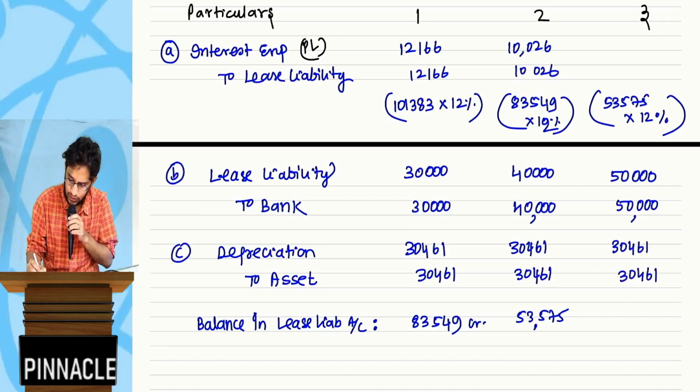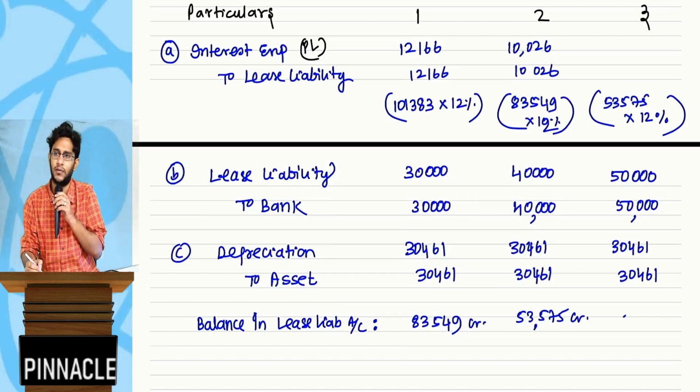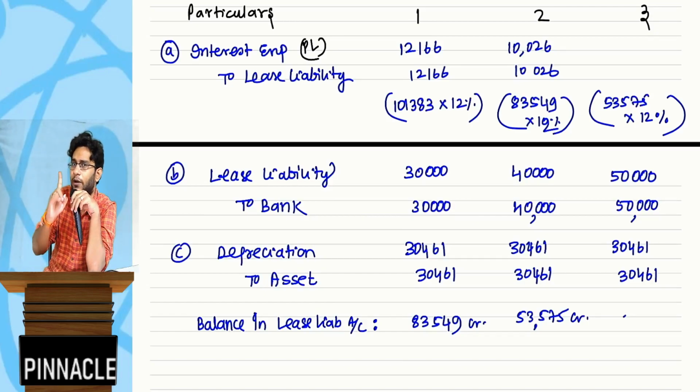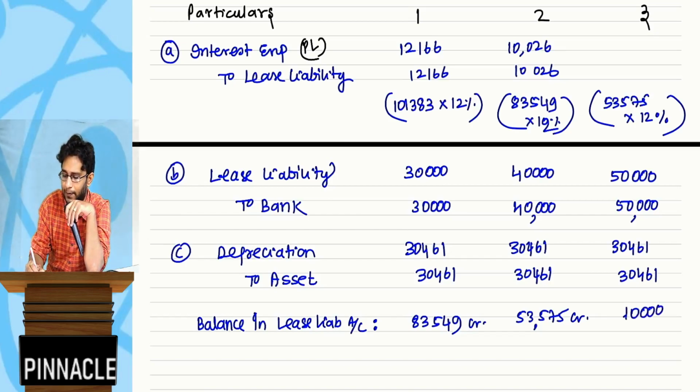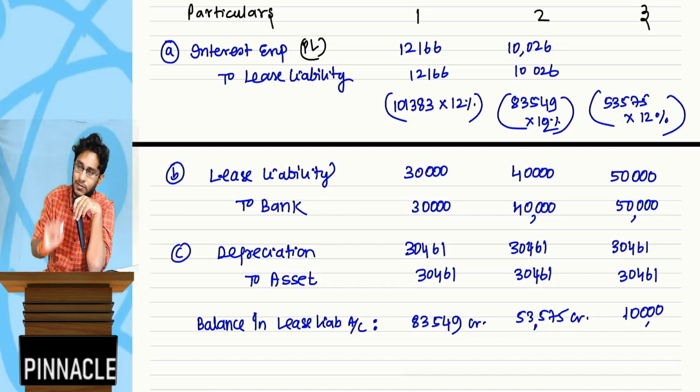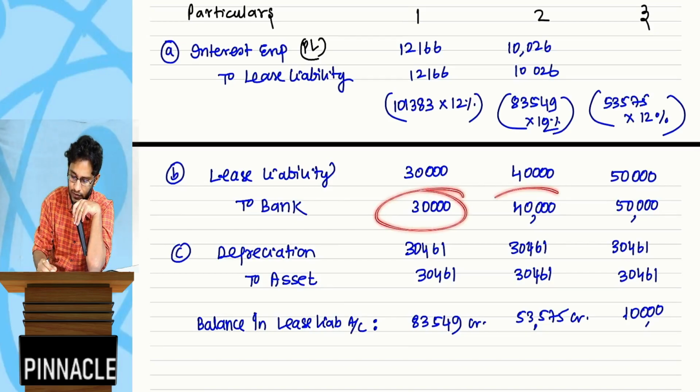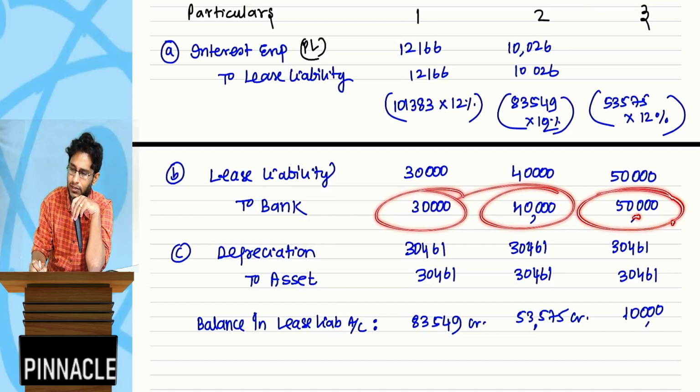The amount should be how much? Can you guess? By the end of third year, I paid everything except one payment, the GRV. Had I paid that GRV also, 60,000 in total, then it would have been 0. Are you getting it, sir? See, go to your original lease payment schedule. 30,000, 40,000, 50,000, 10,000. Total 4 payments are there. In the 3 years I made three.